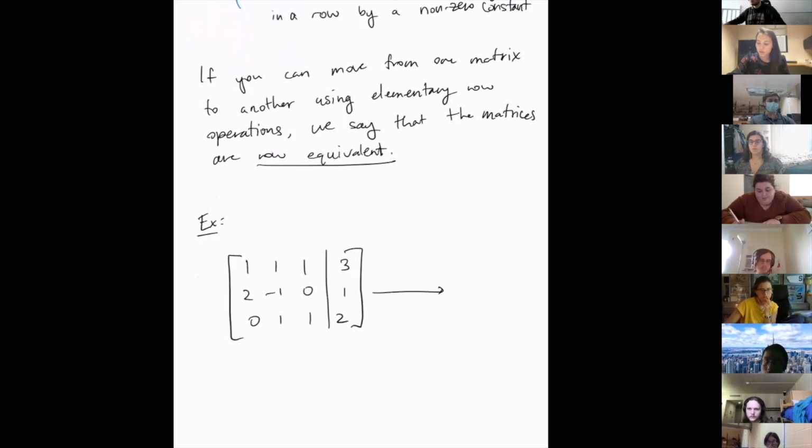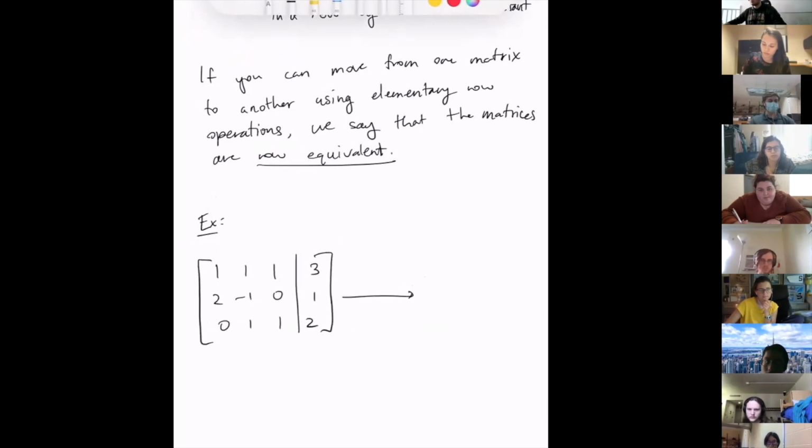First off, we're going to label the rows. I'll use R1 for the first row, R2 and R3. Even if we interchange row 2 and row 3, we're not going to relabel them. Wherever they are in the matrix, that's the name of the row.